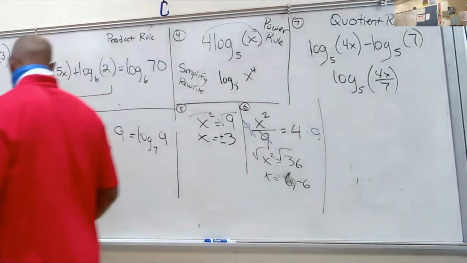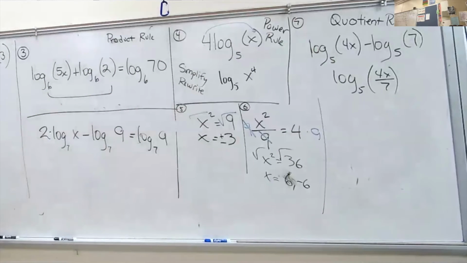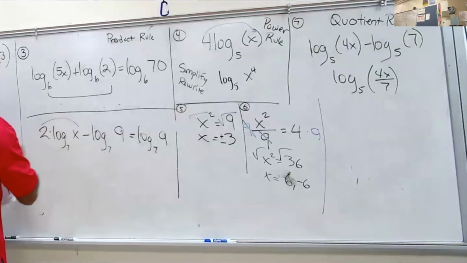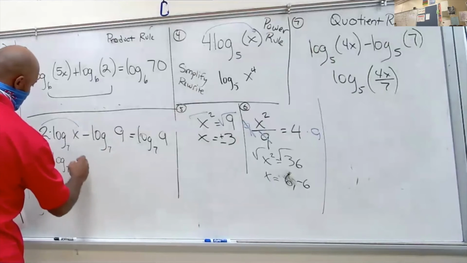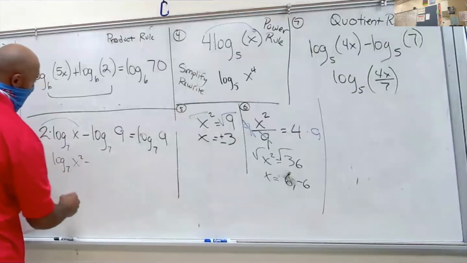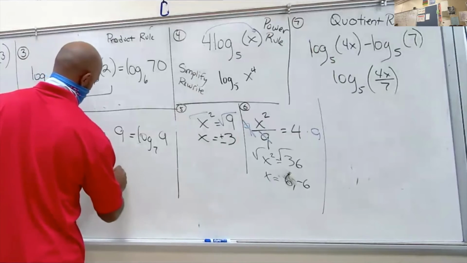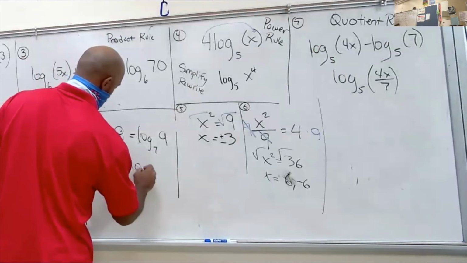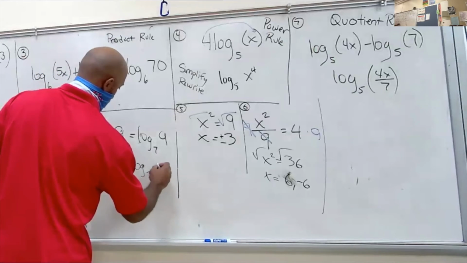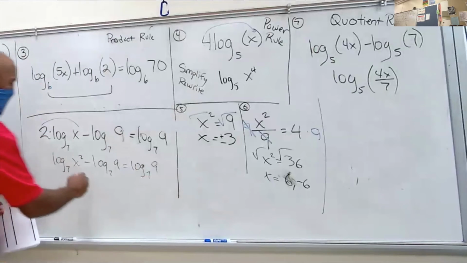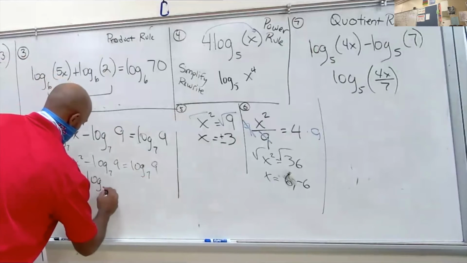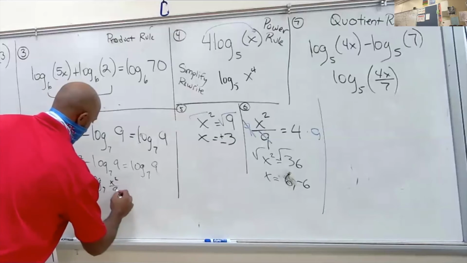All right, so we're using that power rule, bringing that 2 up there. We get log base 7 of x squared minus log base 7 of 9 equals log base 7 of 9. Then combine those two. You did a good job with that. We get x squared over 9.